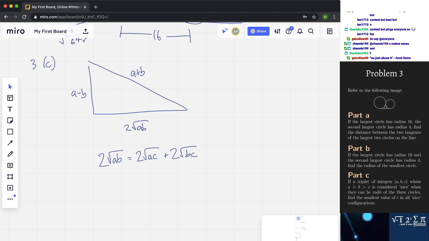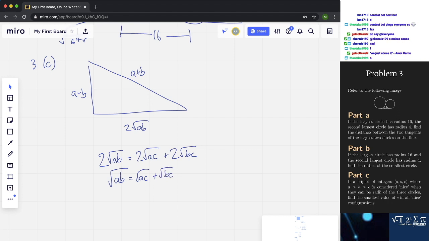Well, obviously root ab equals root ac plus root bc. And this makes me think of the fact that, I don't know how advanced this is, and people are probably going to tell me it's very advanced, but the radicals are linearly independent over Q. Or rather the roots of primes.